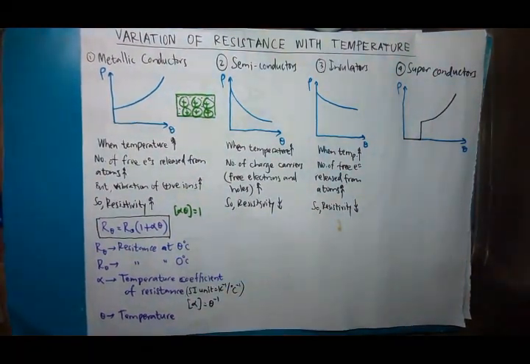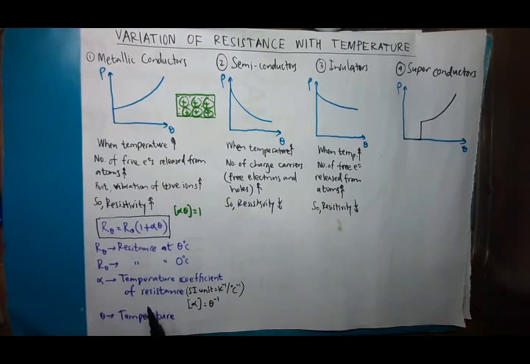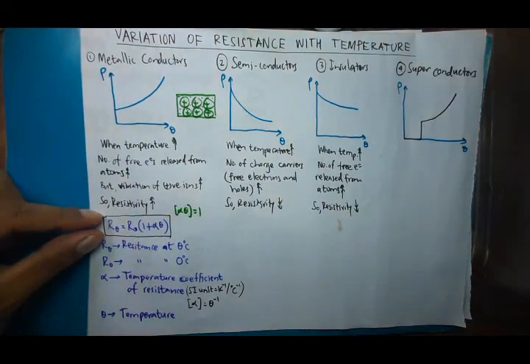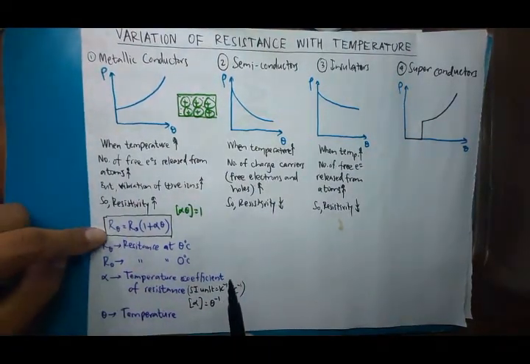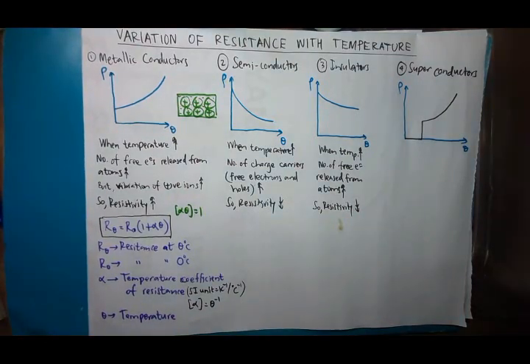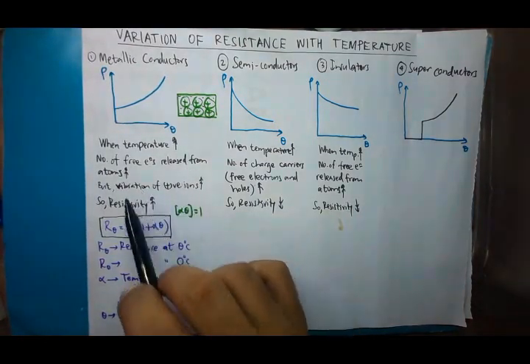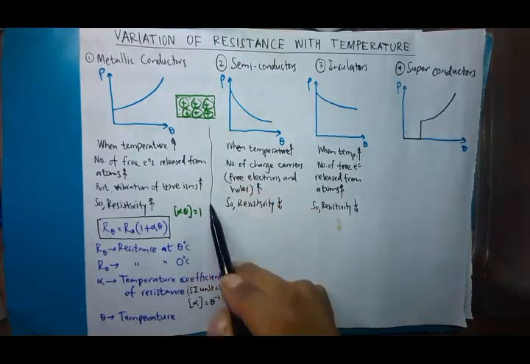This is the dimension you might have to know. So it has dimension and unit. You have to be careful, and those values will be given to you. This is the equation for a particular resistor at different temperatures. Using this equation you can find out. So this is what happens in metallic conductors. So that portion is done.